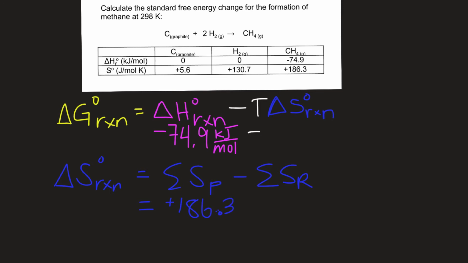They're just joules per mole Kelvin, so we are going to have to do a unit conversion in the end. Subtract from that, our graphite is positive 5.6, and then we'll add to that 2 because we have a coefficient of 2 in front of our hydrogen. So 2 times positive 130.7.